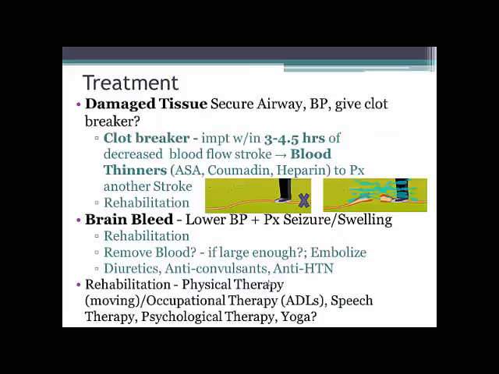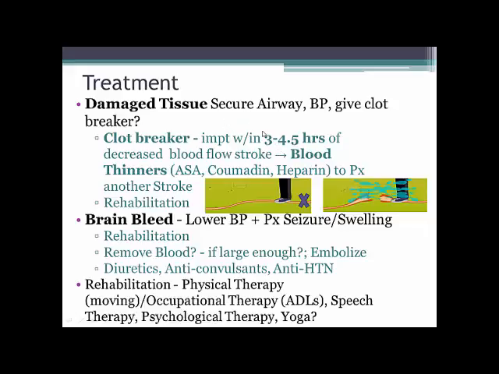So treatment. If the tissue is damaged, in this case right here, where there's a clot or something that completely blocks the flow of blood to the tissue, we would initiate a clot breaker to these individuals within this 3 hour time frame, ideally, but it can also be extended to 4.5 hours, because what that can do is break up the clot and even possibly reverse the symptoms of the stroke that this individual is presenting with.